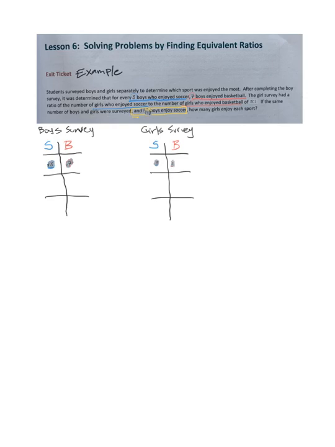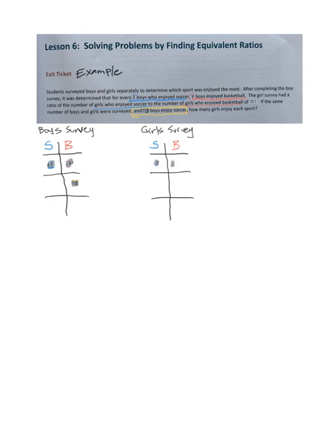We can actually take this 140, and it's enjoy soccer, so we can put it into the soccer. Now we can make sense out of the information here.